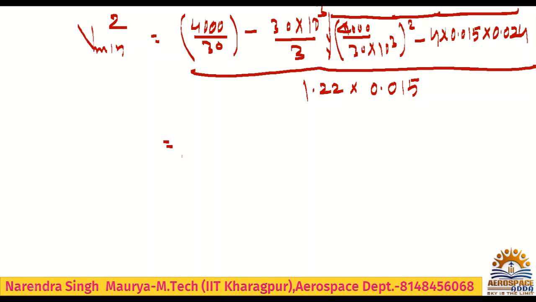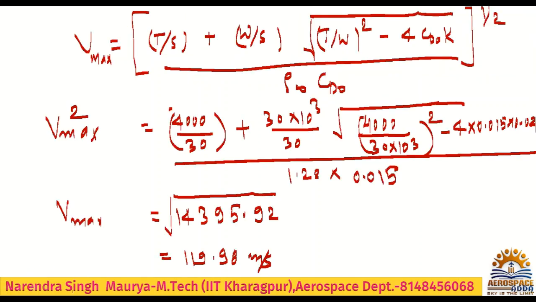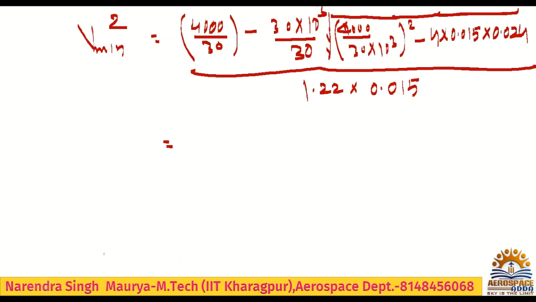Then it is W by S. So this W by S, it should be 30, no? Because it is W by S, check 30. Anyway, so we'll multiply by 1000, no? Because 30 30 cancel, also multiply by 1000, multiplied by 1000.